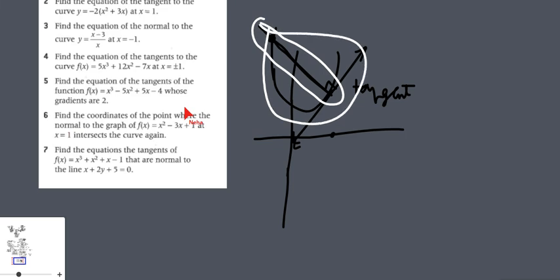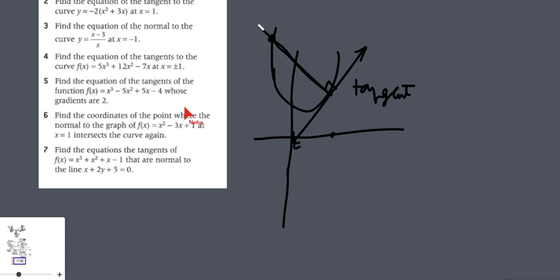Where this curve and this curve intersect. This is the tangent. So when two lines intersect, how can we find that? It is the intersection of a quadratic equation with a linear equation.